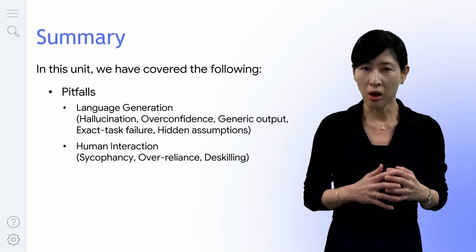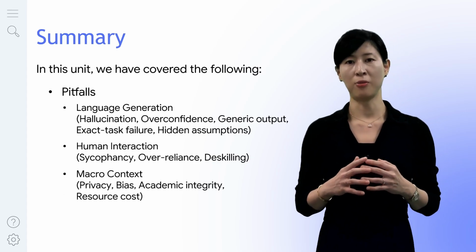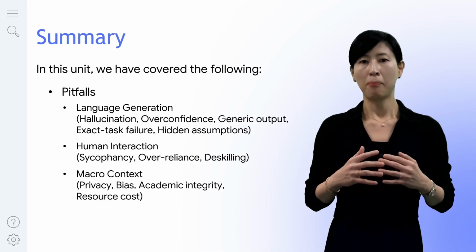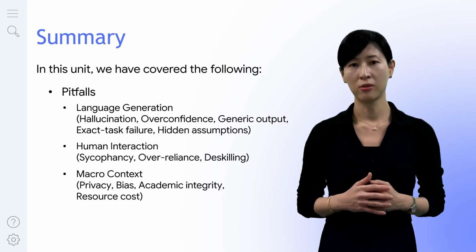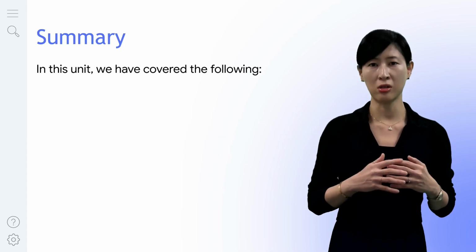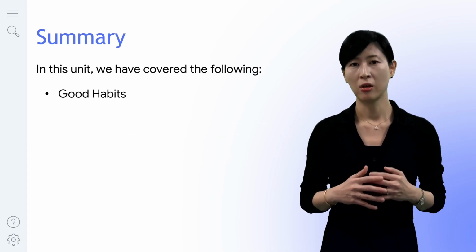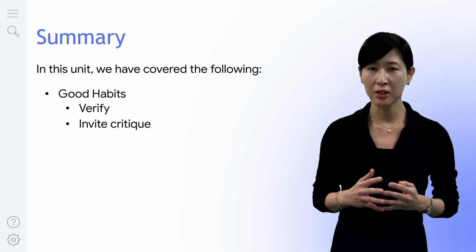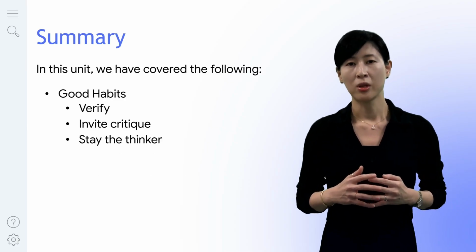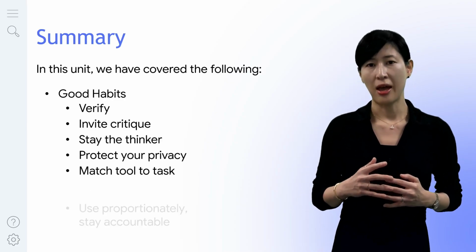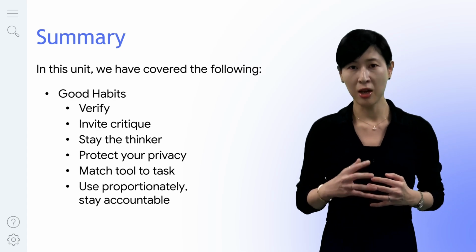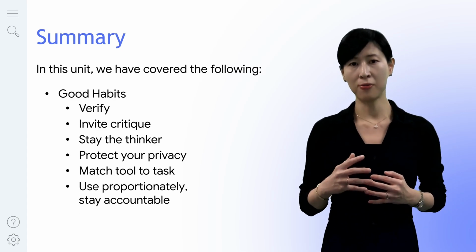And those that come from the wider context of use: privacy, bias, academic integrity, and resource cost. We then turned each risk into a habit. Verify, invite critique, stay the thinker, protect your privacy, match the tool to the task, and use AI proportionally while staying accountable for the result.